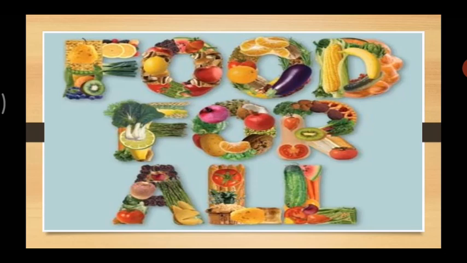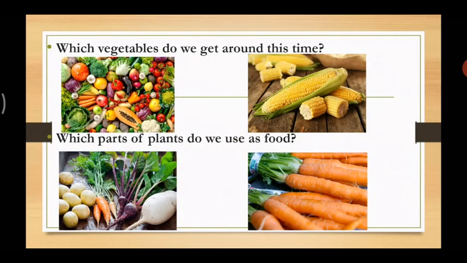Let's move forward. Now let me ask you a few questions. Which vegetables and fruits do we get around this time? And which parts of plants do we use as food? Yes, we eat mangoes, grapes, corn, watermelon, peas, beans, etc. during this season.